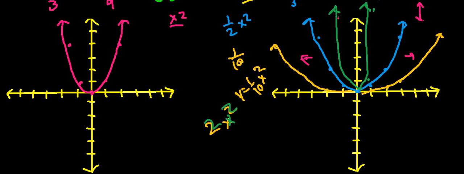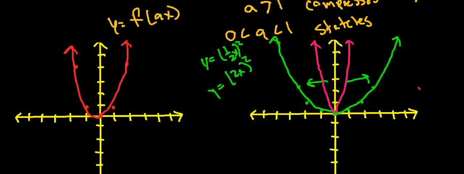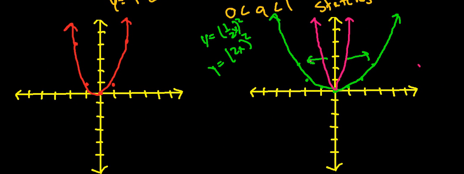And then when it increases faster, we're saying it's stretched vertically. But here, since we're looking at it from a horizontal perspective, we're saying that it's stretching. But if we look at this from a vertical perspective, it would also be compressed. But we're looking at it from horizontal this time. So we say that it's being stretched.